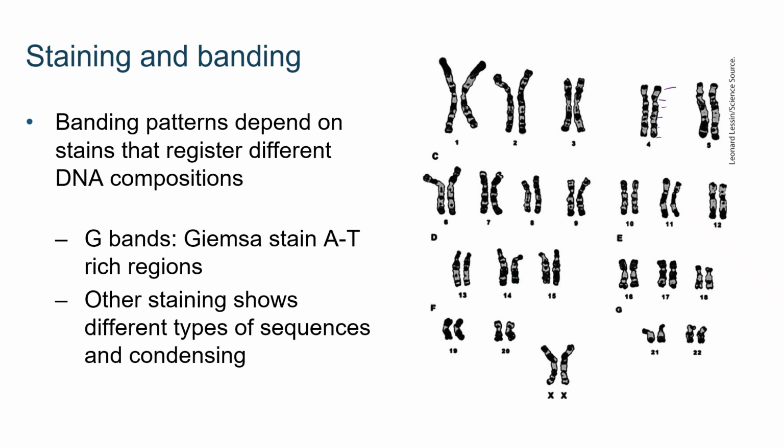So instead of saying same size, same shape, same gene order, we could also say same size, same shape, same banding pattern. And that banding pattern is also going to help someone to recognize if there is a change that has resulted from a chromosome variation. So if a piece of a chromosome is broken off or something like that.